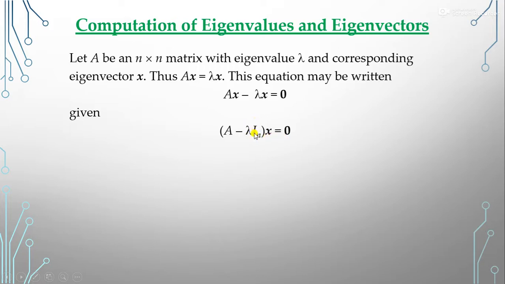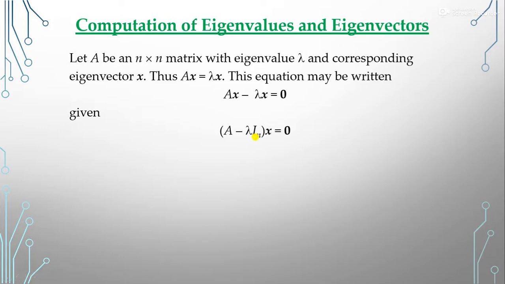What is this I? Actually, this is the identity matrix. Why do we introduce the identity matrix here? Since A is a matrix and x is a vector, which means again a matrix, but lambda is only a scalar quantity. And here we subtract lambda from this matrix, so we need a matrix for the subtraction. So we use the identity matrix.